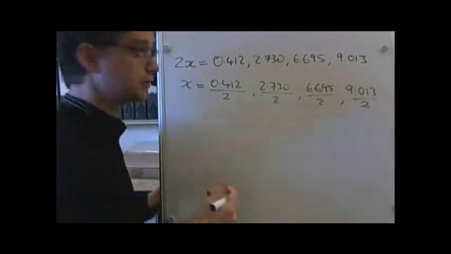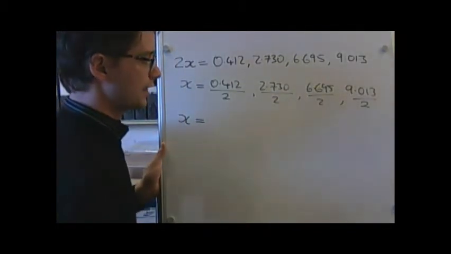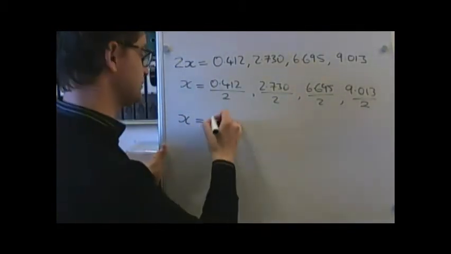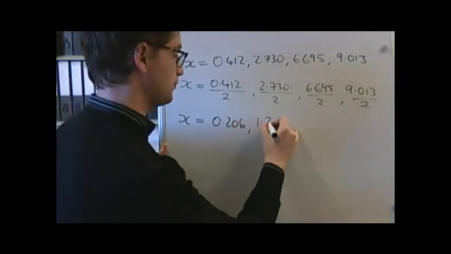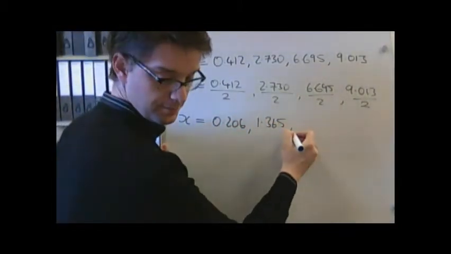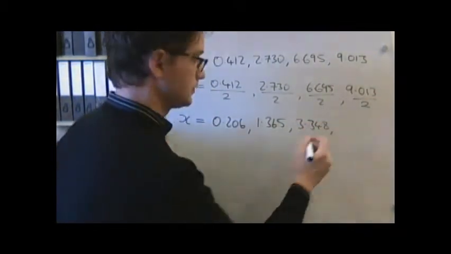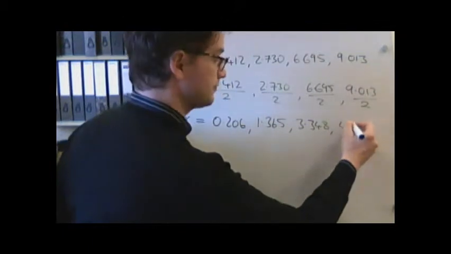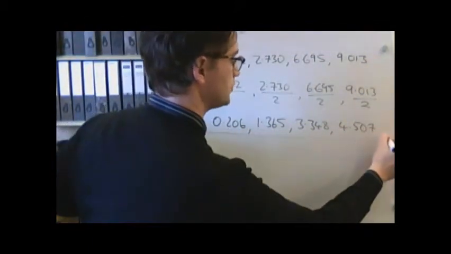So to get my 4 possible solutions here, I halve them all, and I think that comes out to 0.206, 1.365, 3.348, and 4.507.